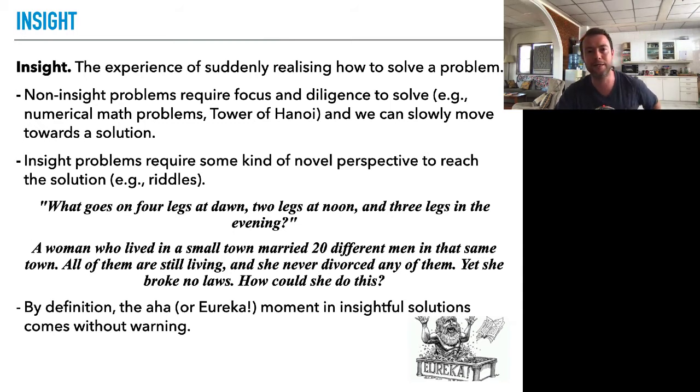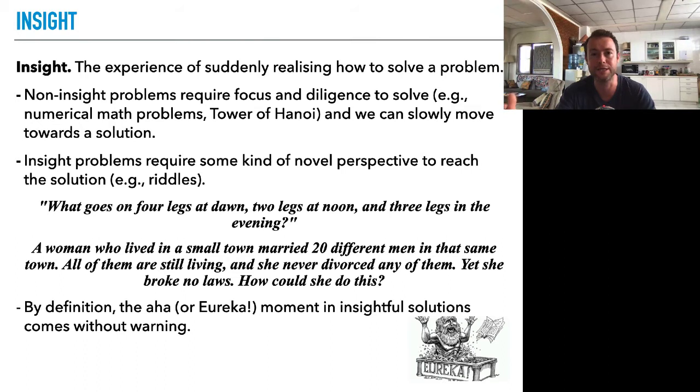One of the classic examples given in history is Archimedes, who was given the task of deciding whether a crown given to the king was made of pure gold or was a mixture of gold and silver or other alloys. To come up with a solution, he realized that he could put it into water, and by looking at the displacement of the water, you get different results depending on whether it's gold or alloy.